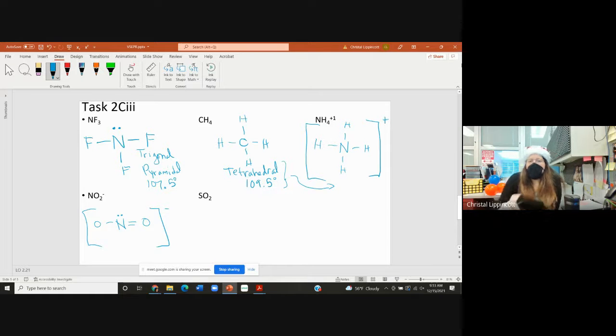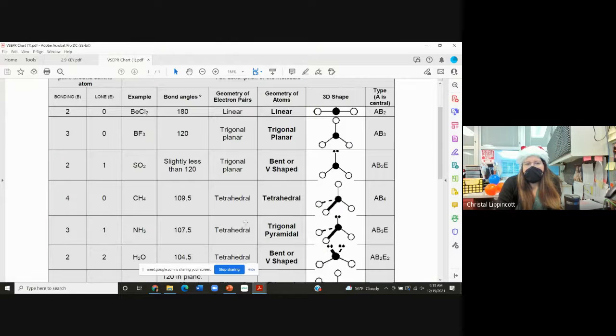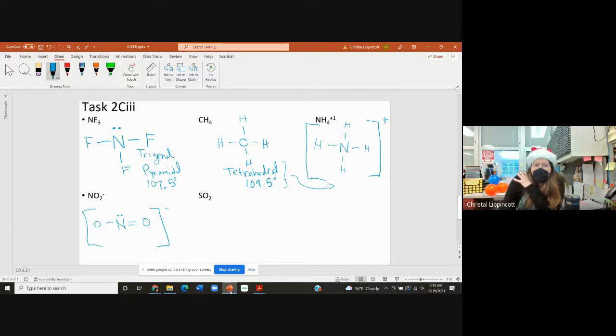So if you go over to your chart, we have two things attached and one lone pair. So 2, 1, it's going to be bent and slightly less than 120 is the angle.